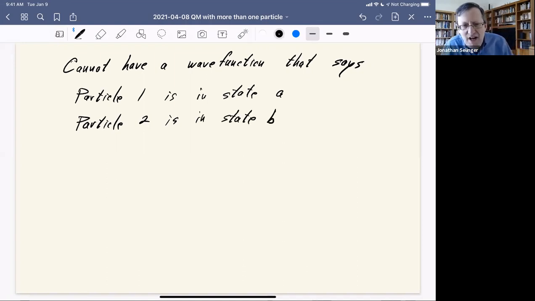It's identifying, here's one electron that's in a certain state, here's the other electron that's in a different state. But there's no difference between the two electrons.